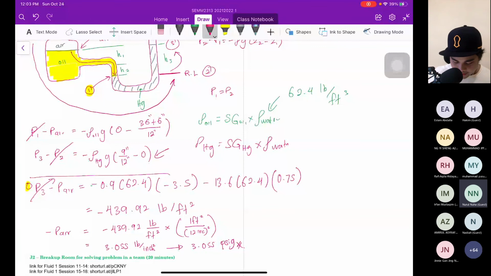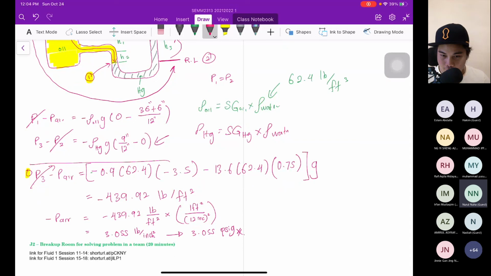Yes, correct, I forgot to multiply with G. Is it clear? Multiply with G all, because we have a compact equation, rho G. You have to multiply with G. G is the same. Thank you for notifying me.